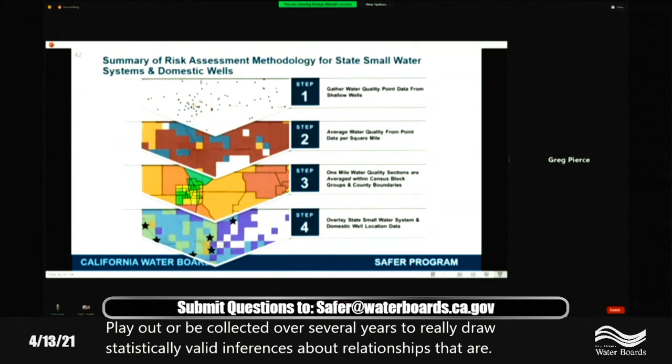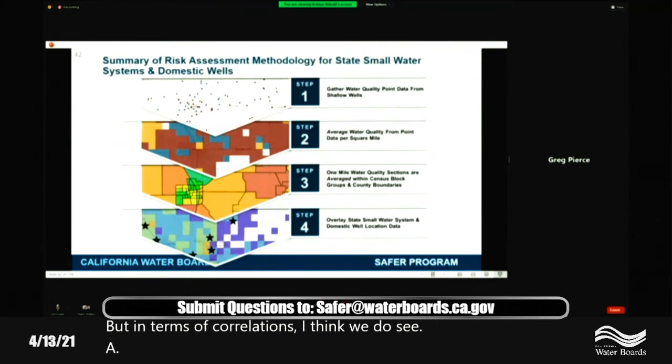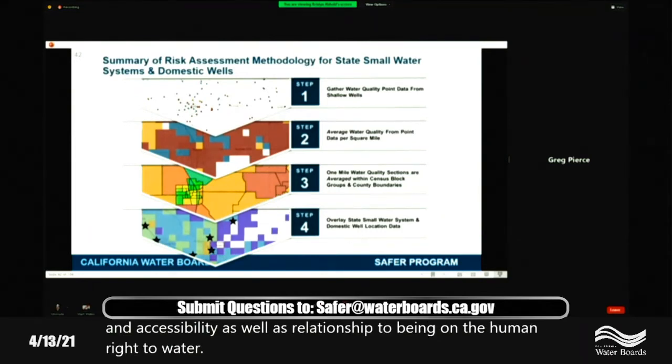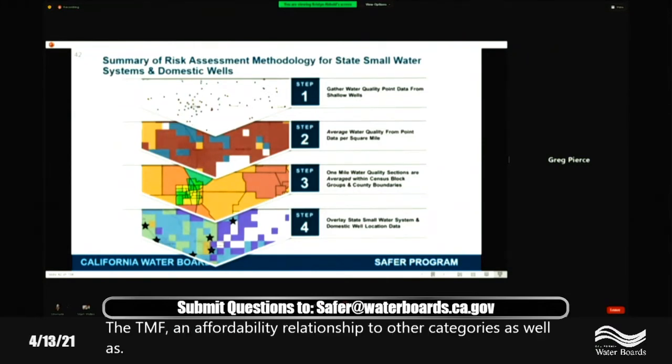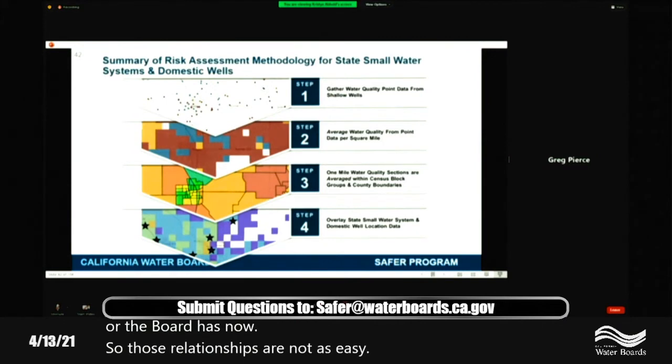But in terms of correlations, we do see a stronger correlation between the water quality bin of indicators and accessibility, as well as the relationship to being on the human right to water list. The TMF and affordability relationship to other categories, as well as to being at risk of failing, is weaker with the data that the board has now. So those relationships are not as easy to draw out.